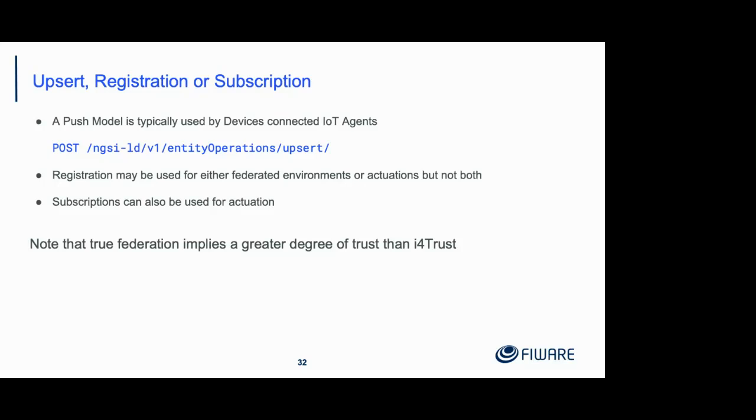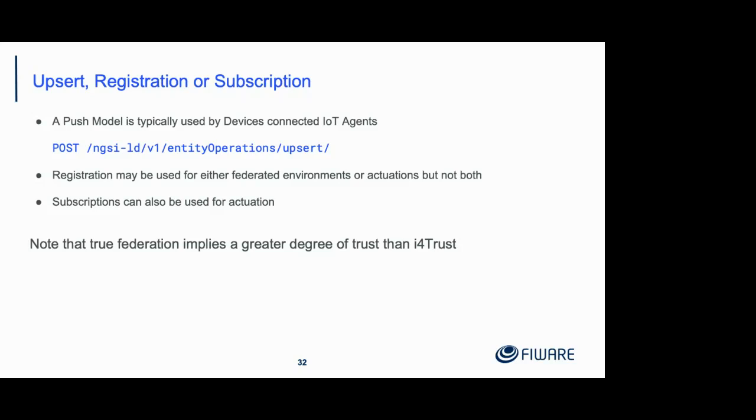Well, we're not pooling our resources here, are we? What we're actually doing is getting hold of information from third parties, so we need to push into our systems. So effectively, we're using subscriptions for a degree of actuation. Usually, you would use registrations for getting hold of information from third parties, but that third party is going to be really, really trusted. And what we're not doing here is trusting people properly.